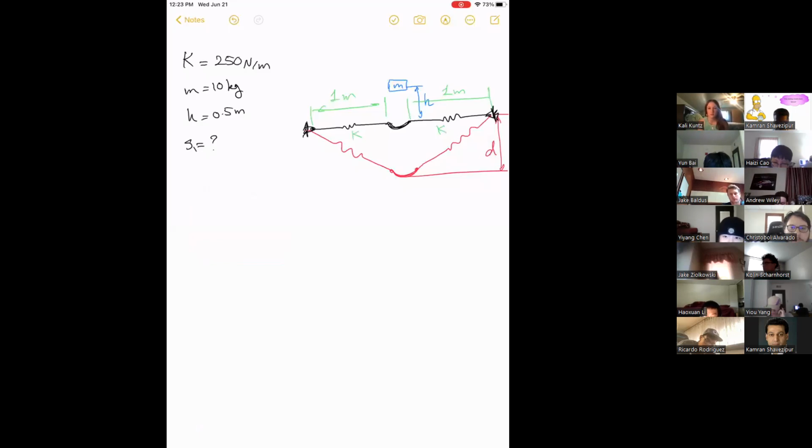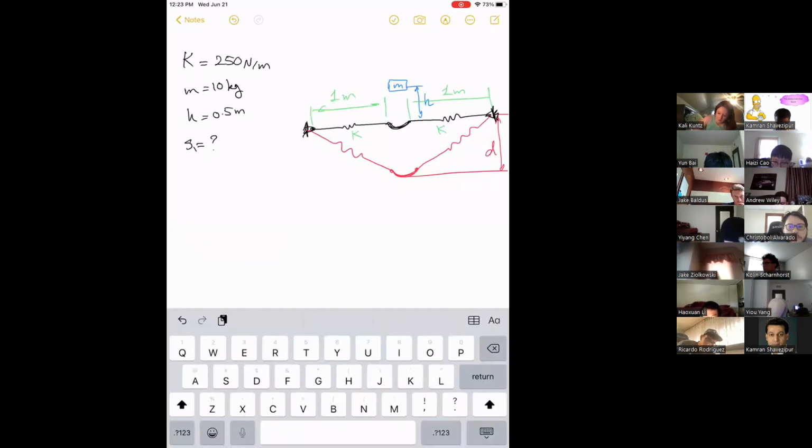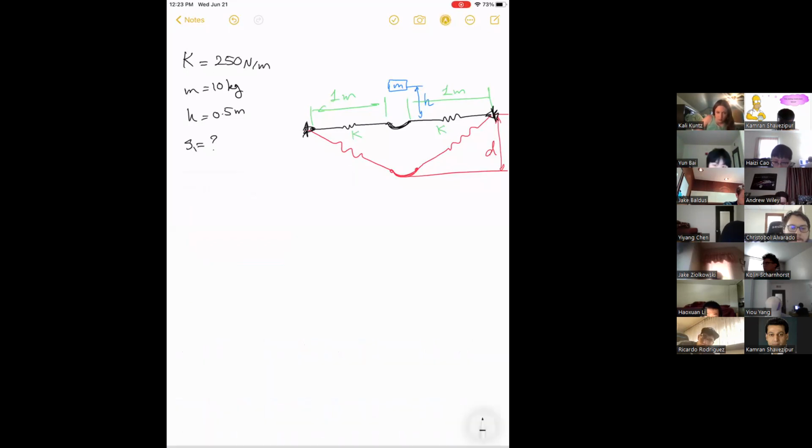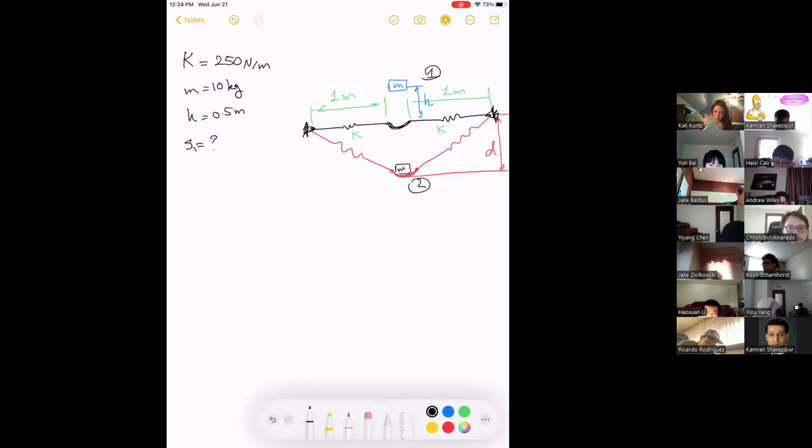So this is how the problem looks like, okay? The position 1 is here, and position 2 is here. In position 1, this guy is up in the air. The springs are horizontal.